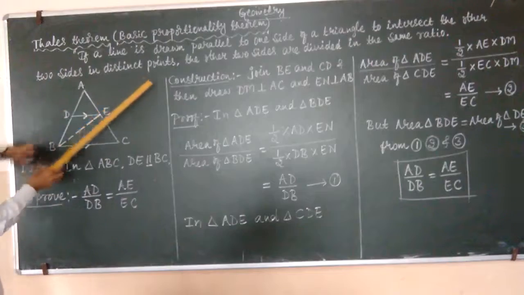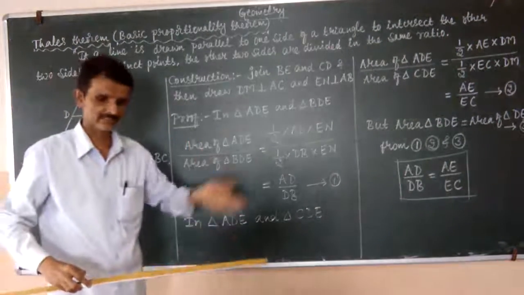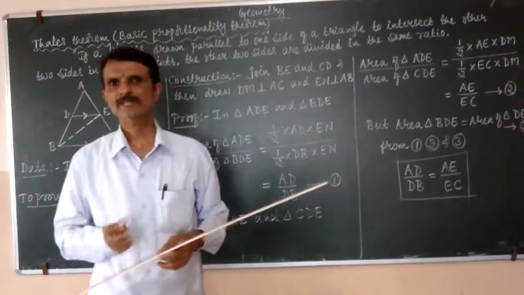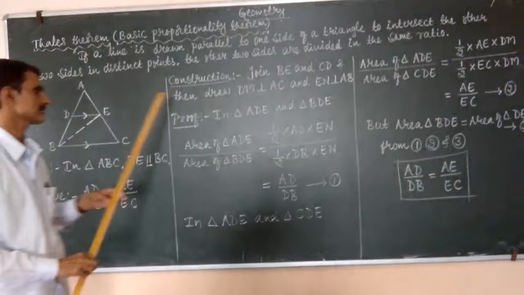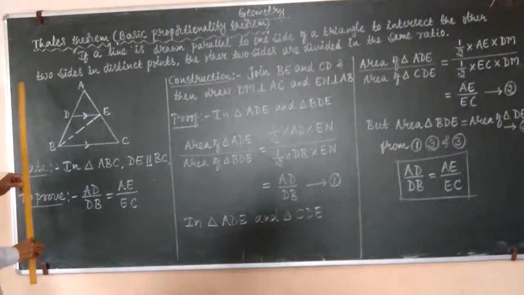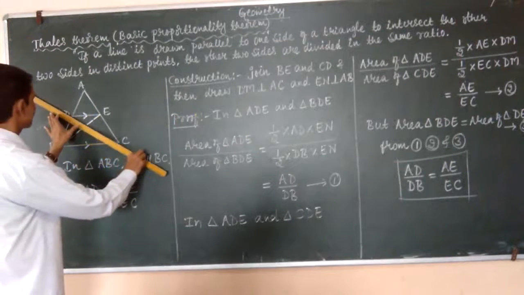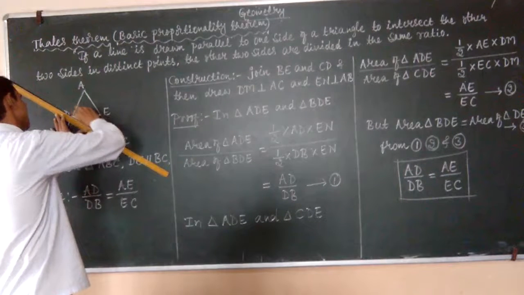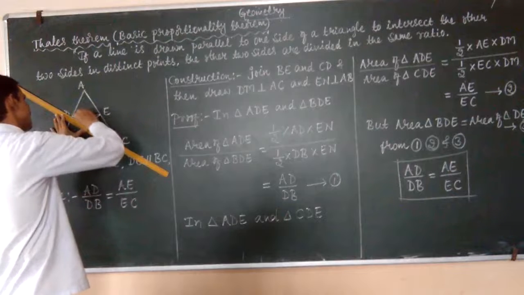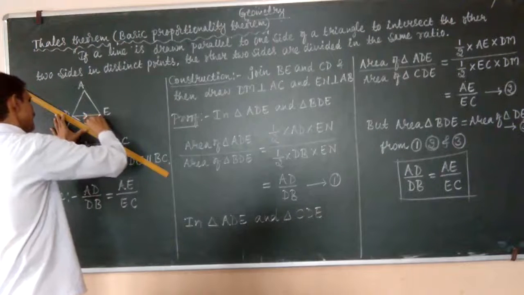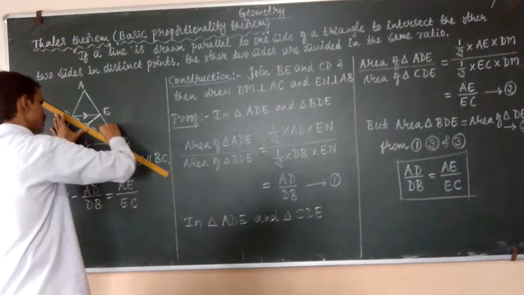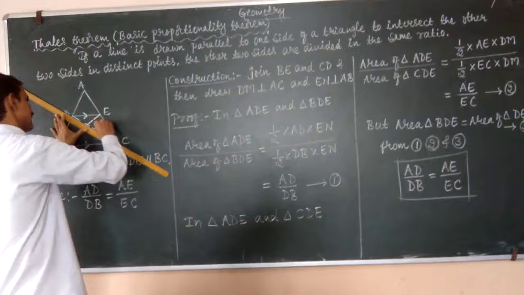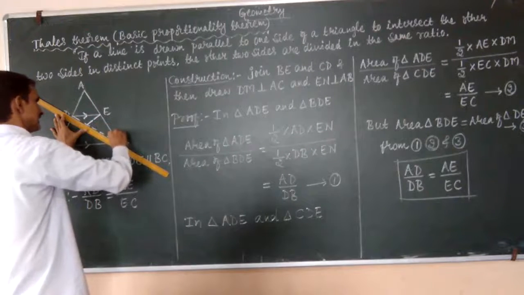Dotted lines indicate that they are not in the given figure, but are drawn at the time of construction. Similarly, join C and D, again drawing dotted lines.